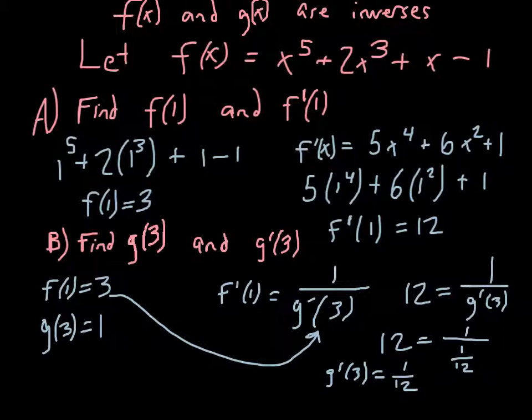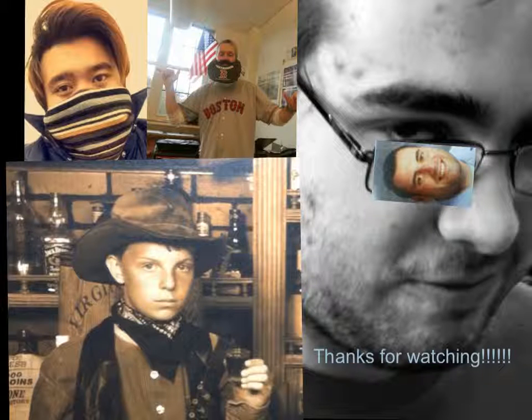So 12 equals 1 over g prime of 3. That means that g prime of 3 has to be 1/12. Thank you for watching, and we hope you found something useful in this video.